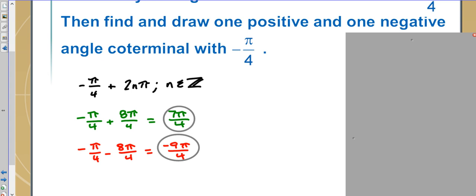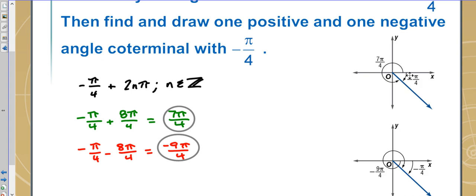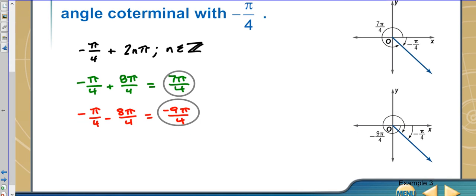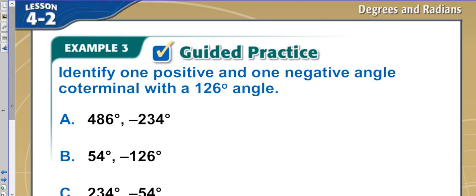When we examine the graphs, we see that here, negative pi over 4 just means go down pi over 4 radians, so that's the angle there. 7 pi over 4, you can see, is also coterminal. It ends in the same place. Coterminal just means they end in the same location. And now let's check this one. We have negative pi over 4, and you go all the way around and end up with negative 9 pi over 4. So now you can go ahead and try this one.